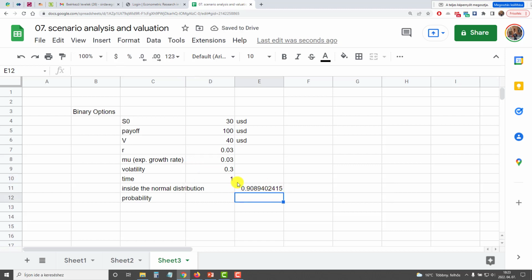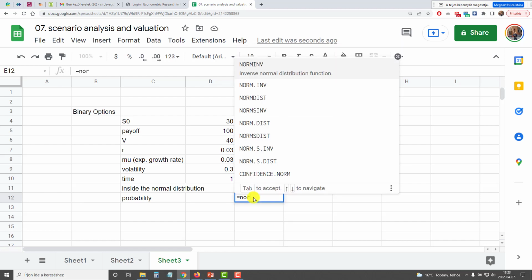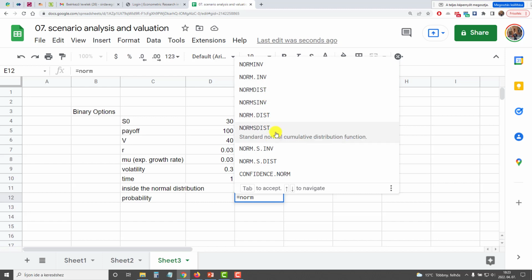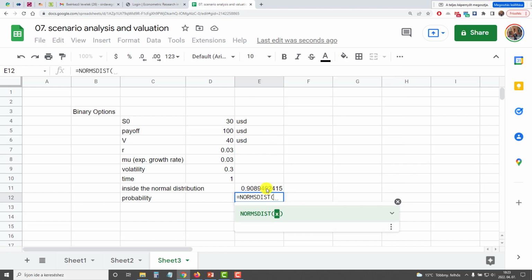So now we have all the calibration data for the normal distribution. Now we can see that, oh, we have so many things: inverse normal distribution function, and standard normal cumulative distribution function. This is what we are looking for.